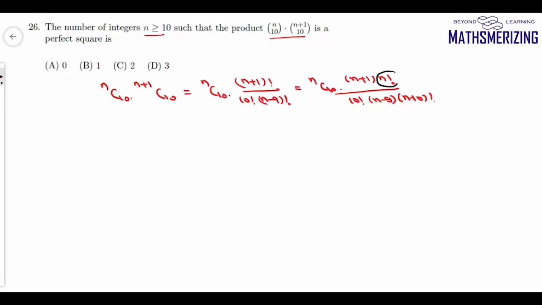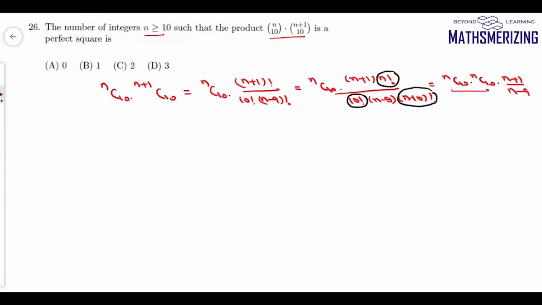Now factorial n upon factorial 10 times factorial n minus 10 is nothing but nC10 again. So I can write this as nC10 into nC10 times n plus 1 upon n minus 9.